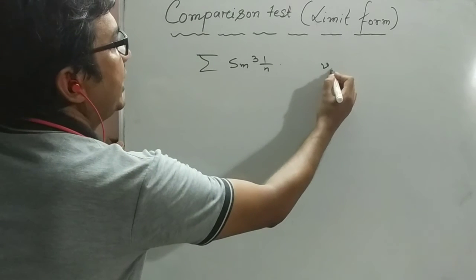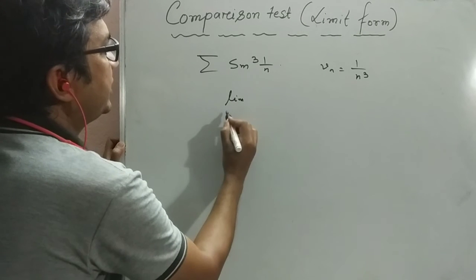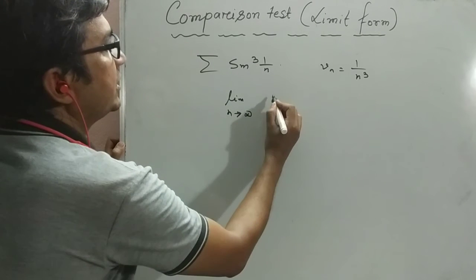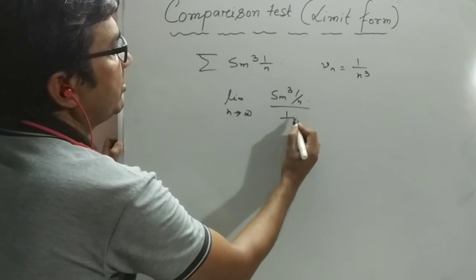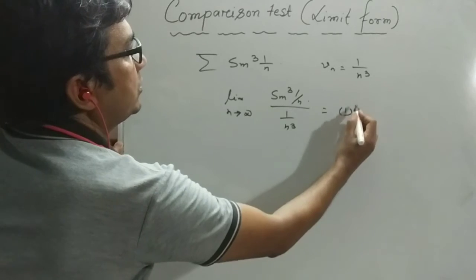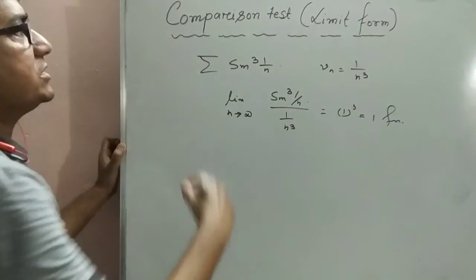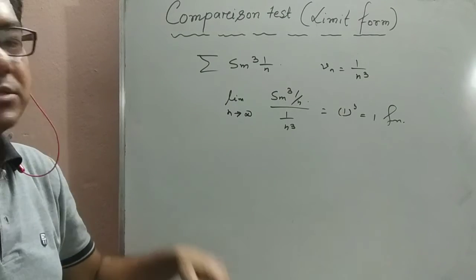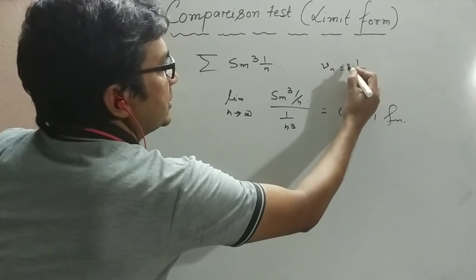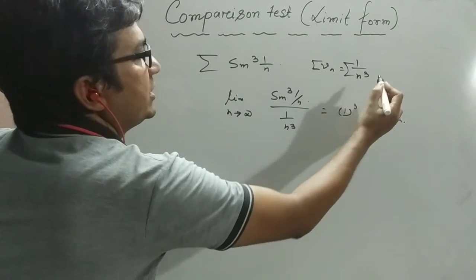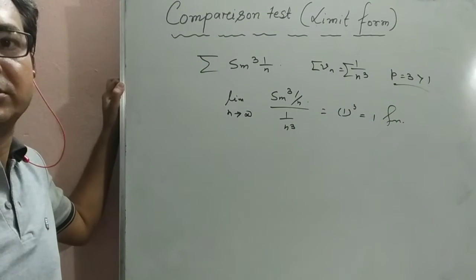If we consider Vn equal to 1 by n, then limit n tends to infinity sine cube 1 by n by 1 by n equal to obviously 1 cube, that is 1. So finite. And by comparison test of limit form, we say that this is obviously a convergent series, because the comparison series is convergent since P equal to 3 greater than 1. This is a P series, P greater than 1.